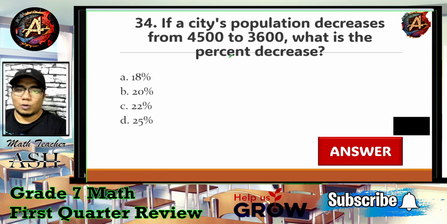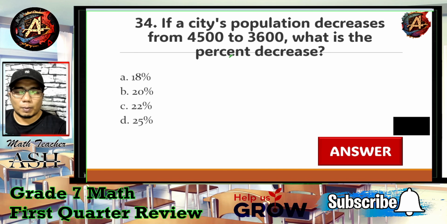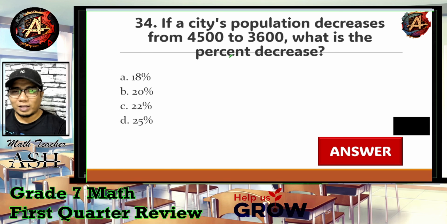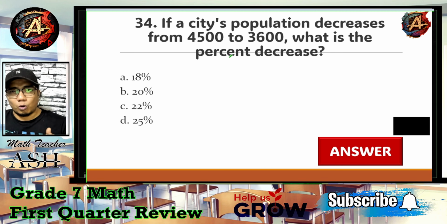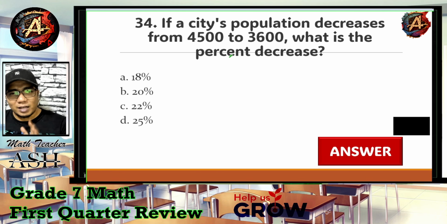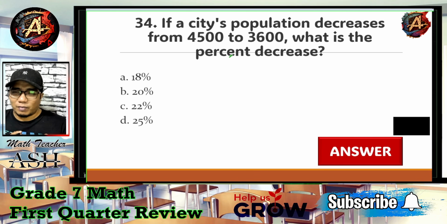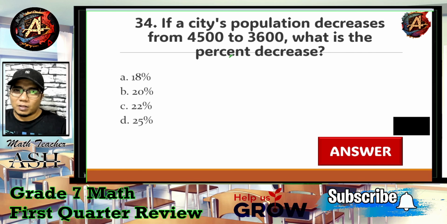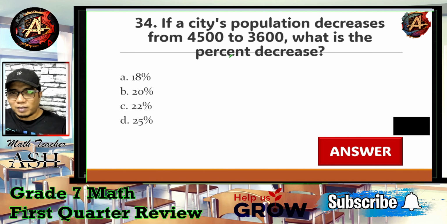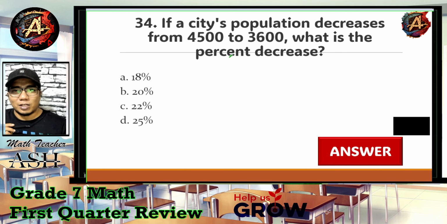So the actual decrease of the population is 900. What is 900 compared to 4,500? Remember that 9 is a factor of 45. If we divide 45 by 9, the answer is 5.